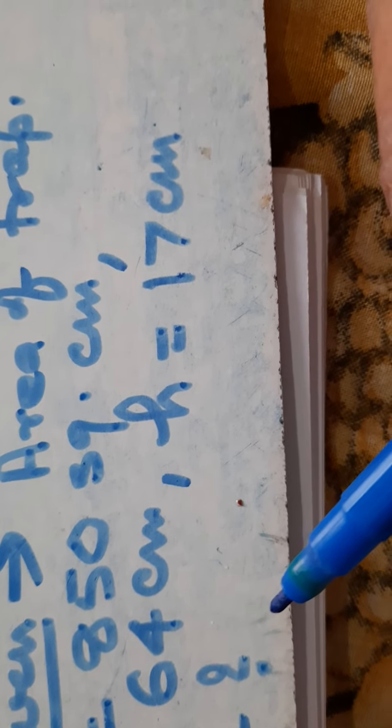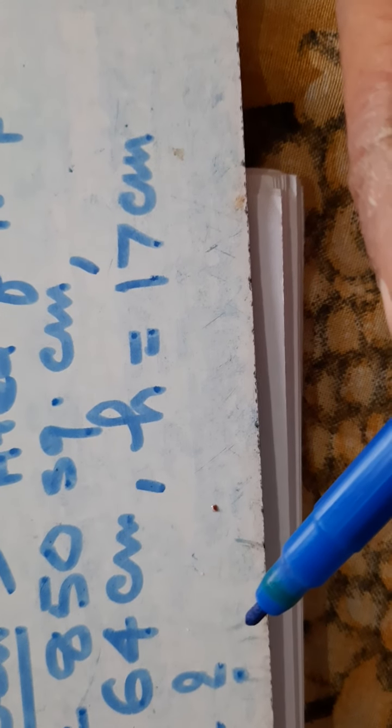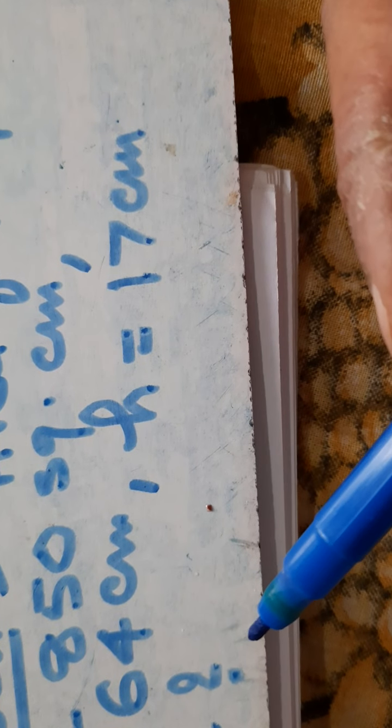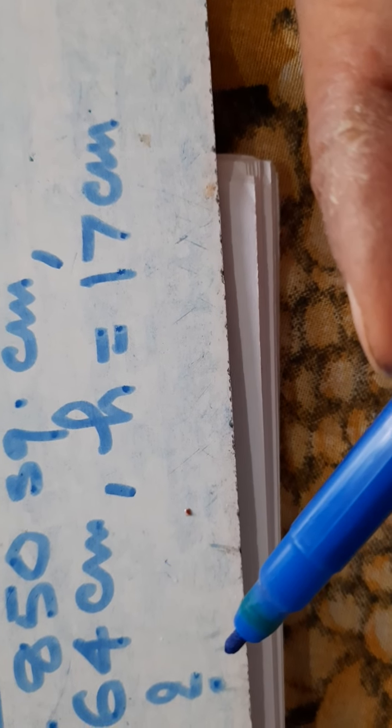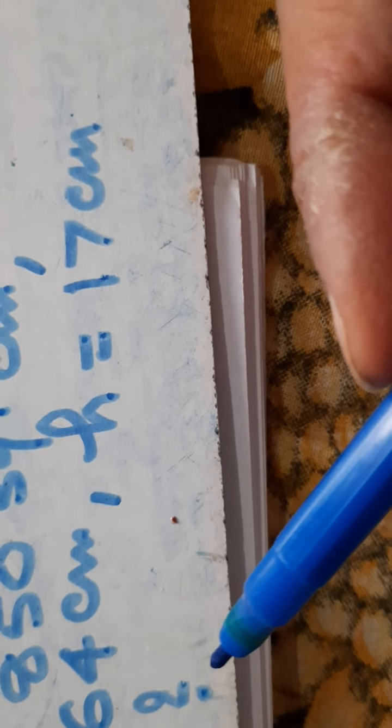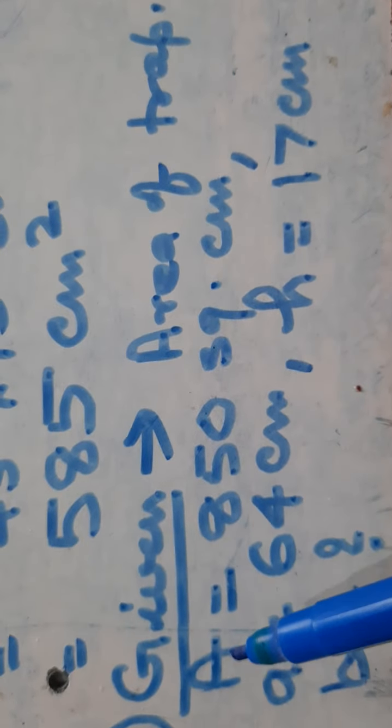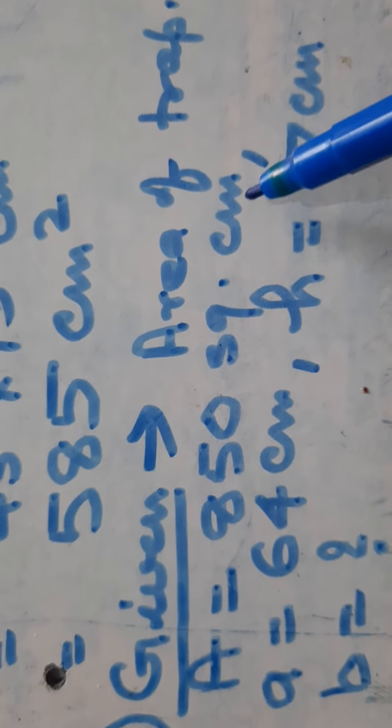Now question number 2. The area of a trapezium is 850 square centimeter. One of the parallel sides is 64 centimeter and the perpendicular distance between them is 17 centimeter. Find the length of the other parallel side. Here given area of trapezium A is equal to 850 square centimeter.